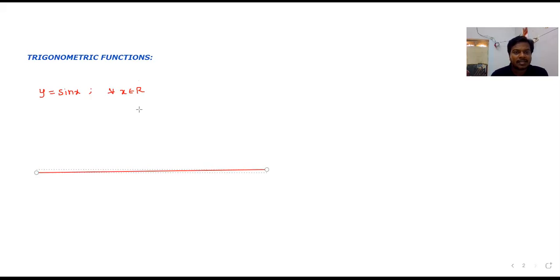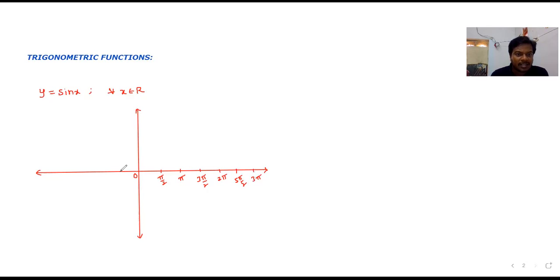The x-axis, it is the y-axis. Here it is 0. Assume that this is pi by 2, and here it is pi. Next, third pi by 2. Fourth pi by 2 means 2 pi. Next, fifth pi by 2, it is 6 pi by 2 means 3 pi.